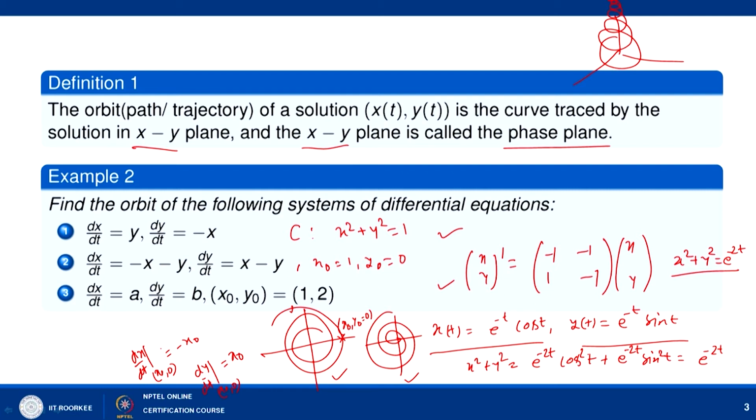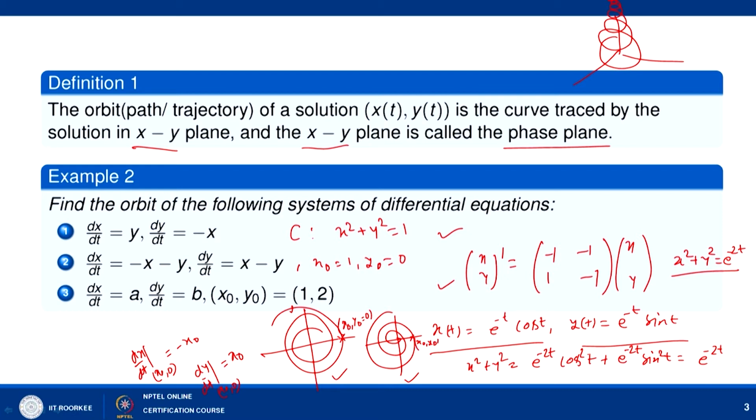It means that since dx/dt is negative, x is decreasing, so x will be lower, and y will be increasing. Suppose your point is (x₀, y₀); x₀ is decreasing and y₀ is increasing.